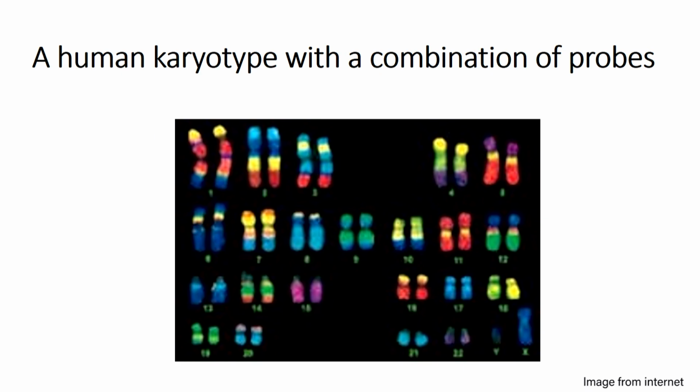So many different probes have hybridized with chromosome 1, many different probes with chromosome 2, with chromosome 3. Chromosome 4 has a different kind of probe hybridized. Chromosome number 5 is different. So, this way you can do a karyotype very easily.